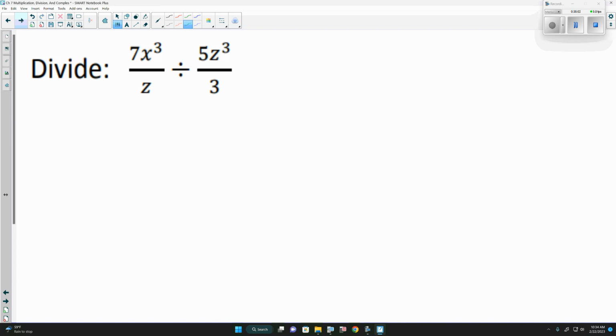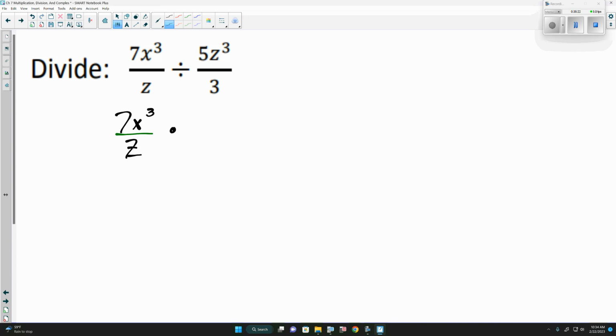Division. The main phrase that y'all probably remember is keep, change, flip whenever we divide fractions. What that means is we keep the first rational expression the same.